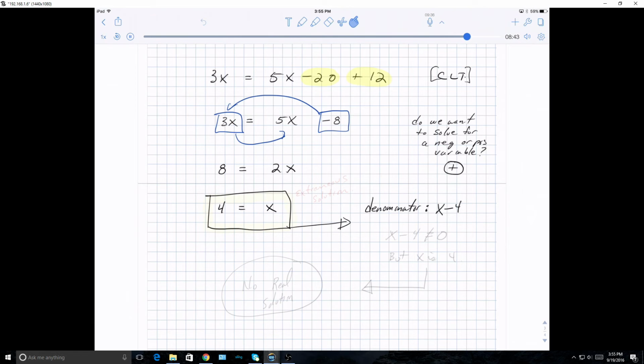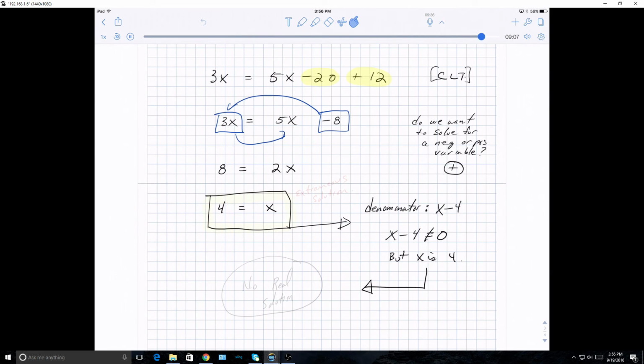So if this is the case, we get x minus 4, which cannot be equal to 0, but x is 4. So what can we say about this?